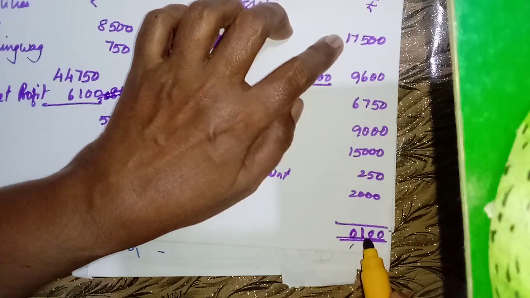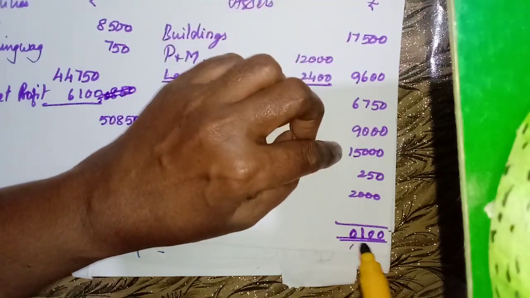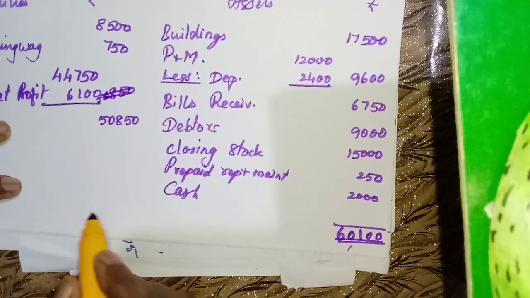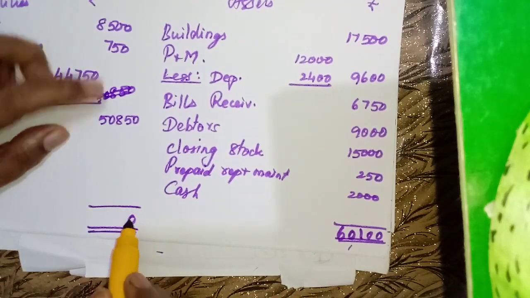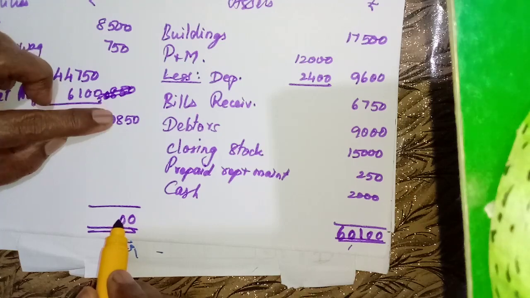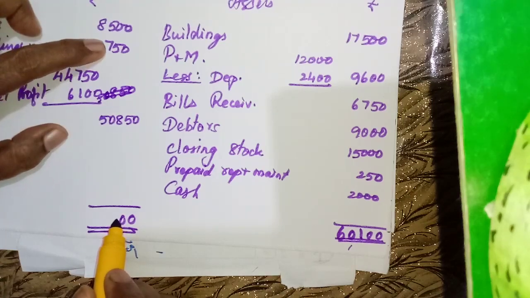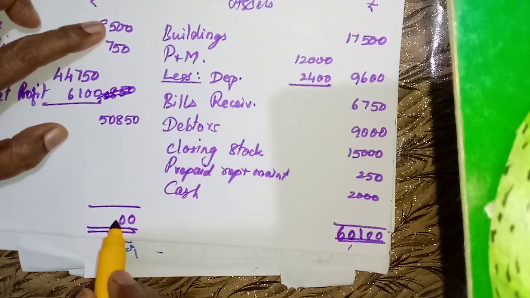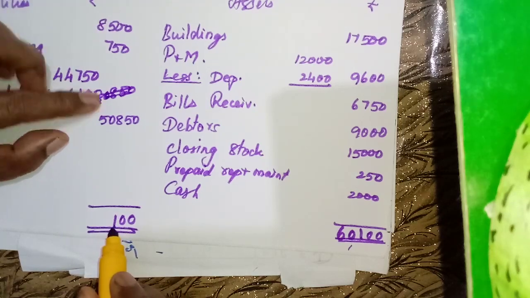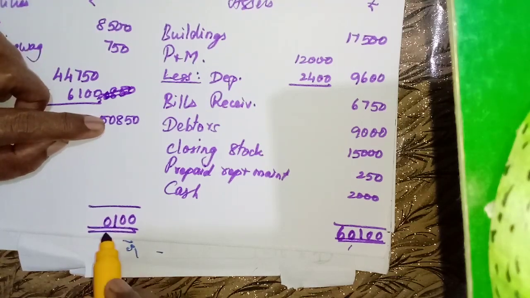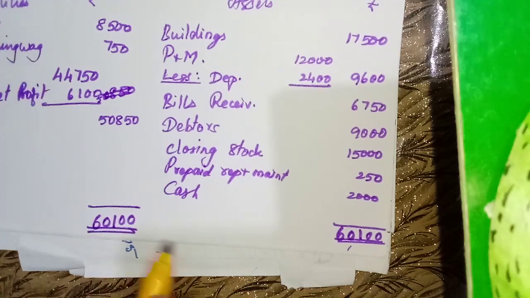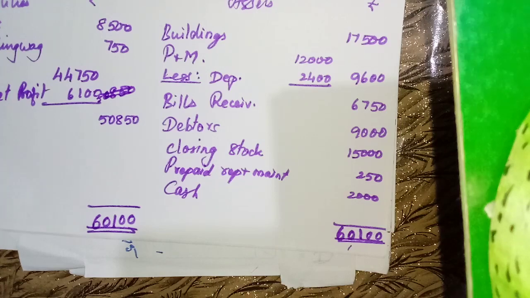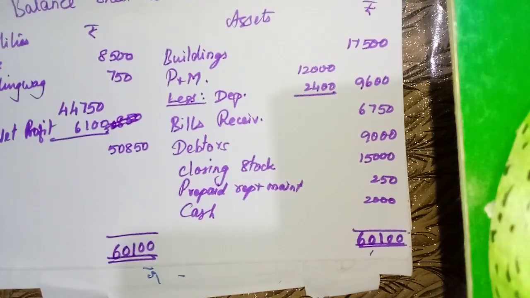Balance 4, 5, 6. We will check whether the amount is coming this side also. 5 plus 5, 10, 9, 16, 21, balance 2, 10, balance 1, 6. Correct. Okay. The balance sheet got tallied.